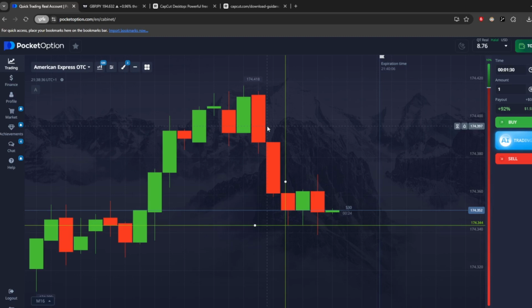So now at this point, we want to see a candle close below for a sell, or form a new five candle range.